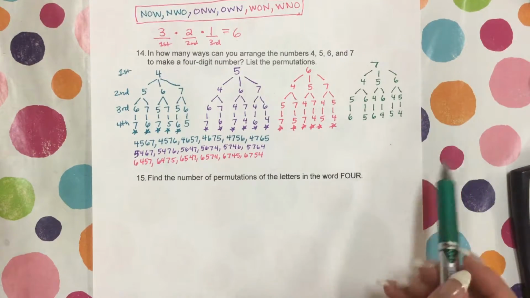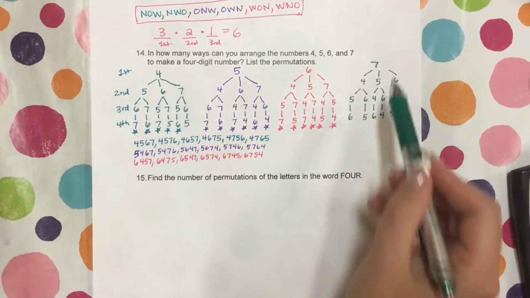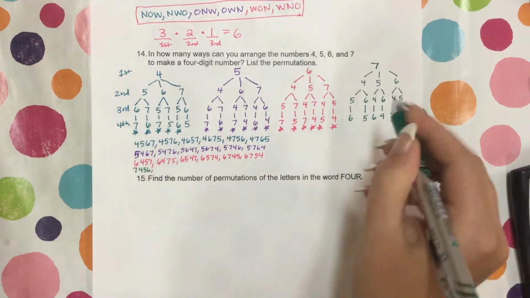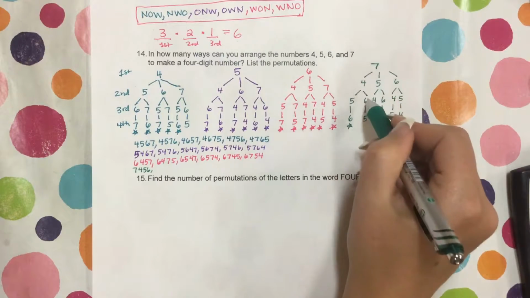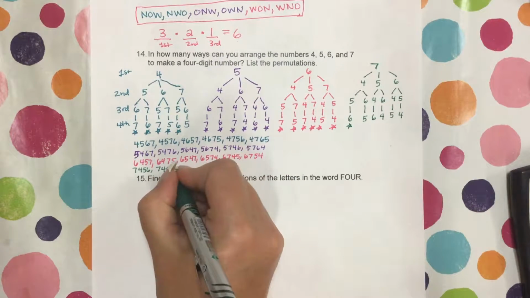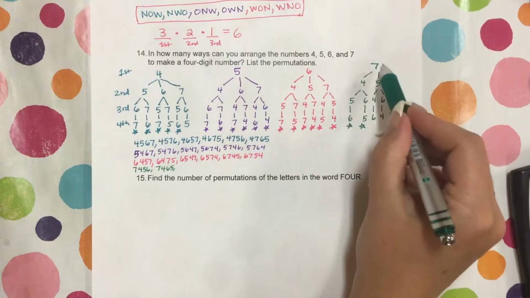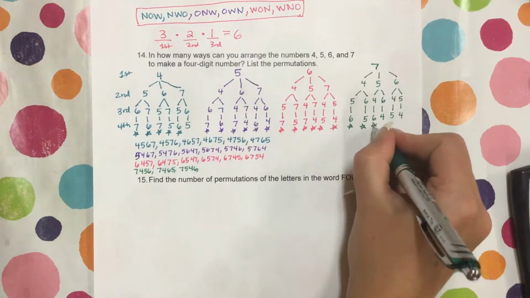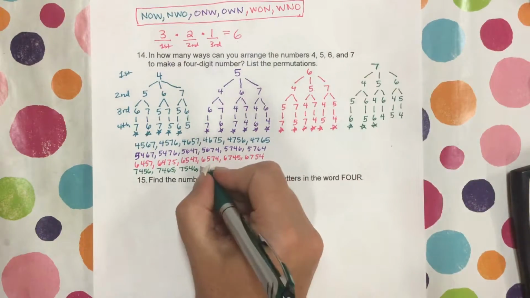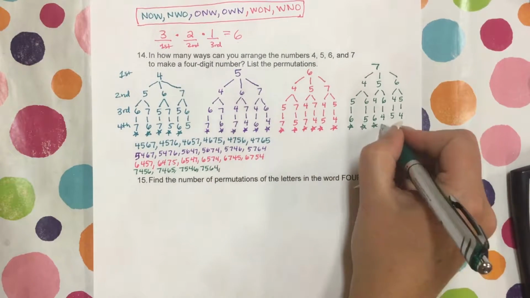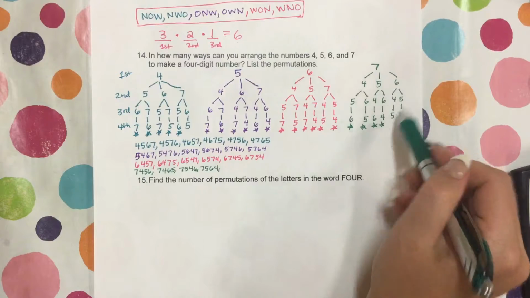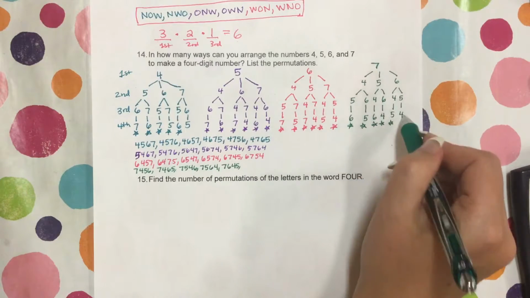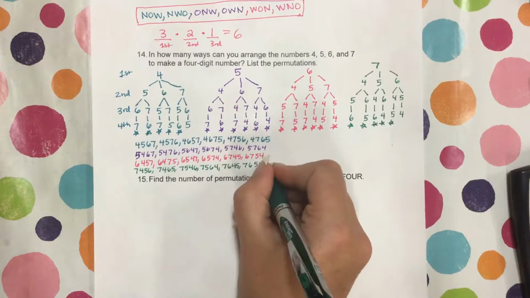And then we can write all the options. So the first one would be 7, 4, 5, 6, followed by 7, 4, 6, 5, and then we would have 7, 5, 4, 6, and then 7, 5, 6, 4, followed by 7, 6, 4, 5, and then 7, 6, 5, 4.